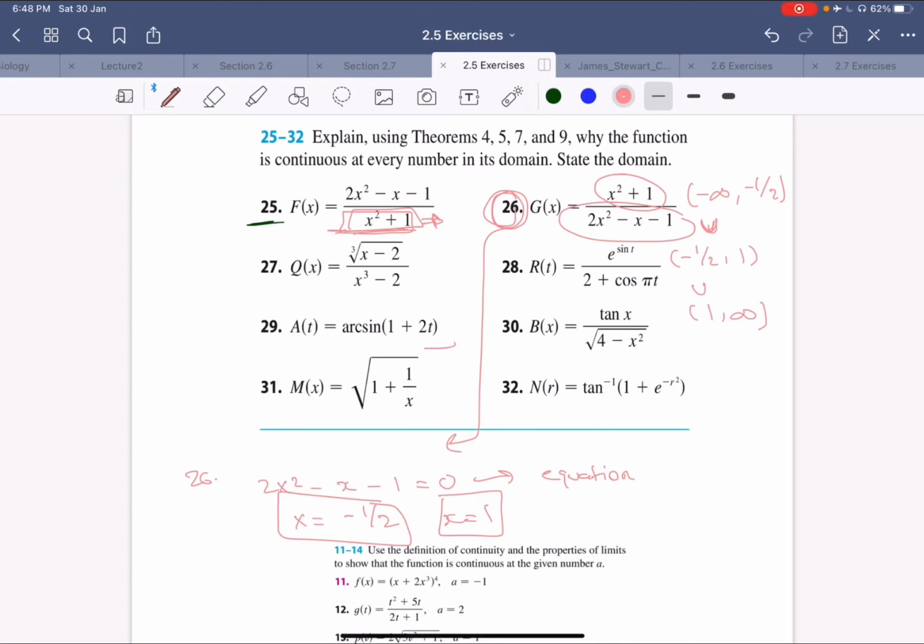Okay. So we can say it's continuous on R except negative half and 1, because if we substitute 1 in the bottom, it will be 2 by 1 square minus 1 minus 1. 2 minus 1 minus 1 will give us 0. The zero at the bottom will make the whole function undefined. So that's why the answer for 26 is: it's continuous everywhere except the zeros of the denominator, which are negative 1 over 2 and x equals 1.